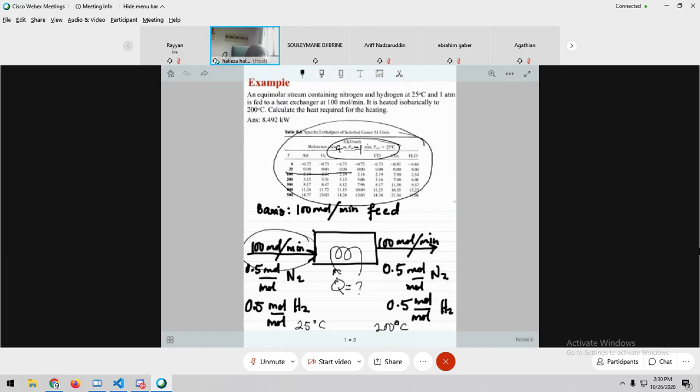Where is nitrogen? I think this is nitrogen, and that is hydrogen. This is nitrogen, 0. The other temperature, 200. Okay, that is the value, and that's the value.